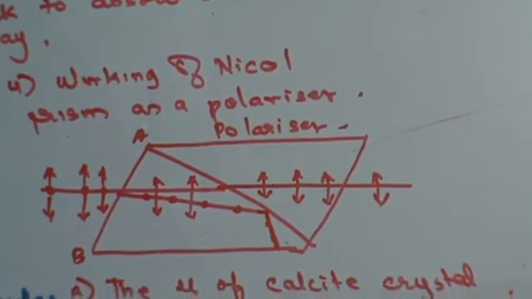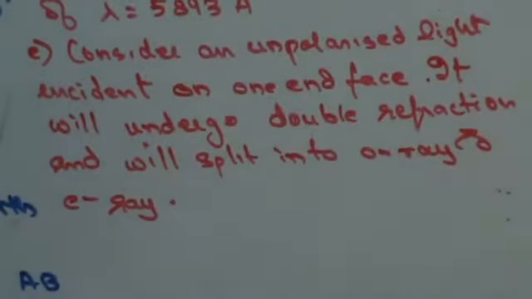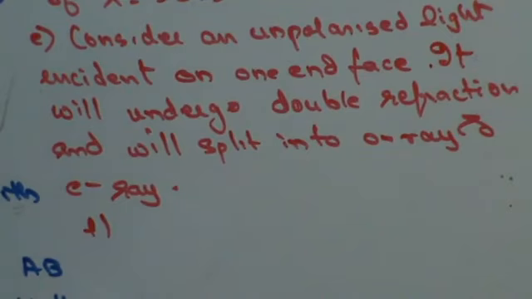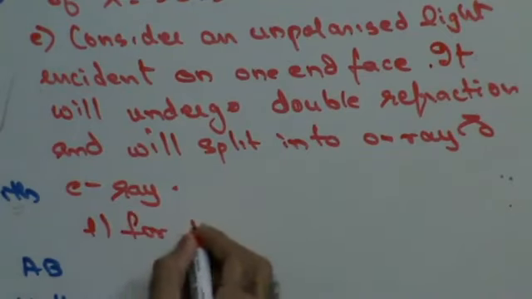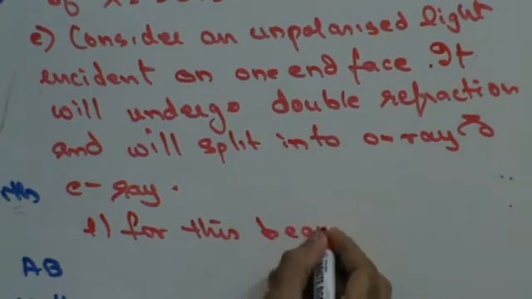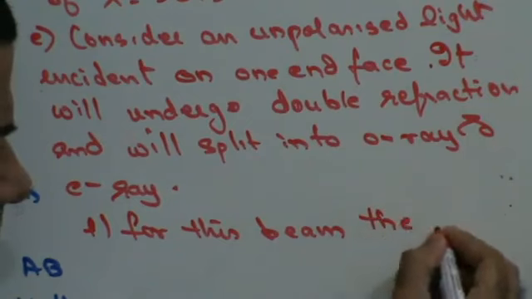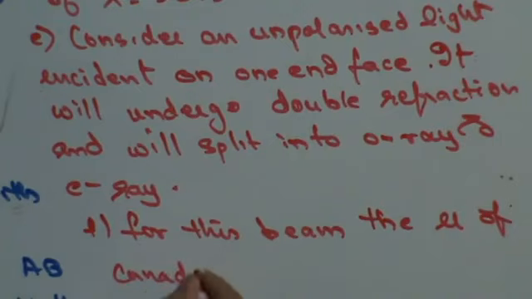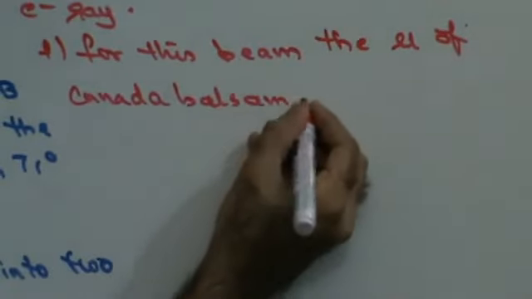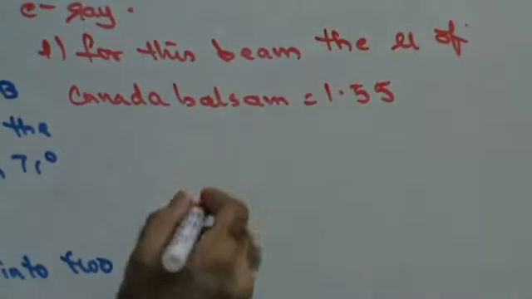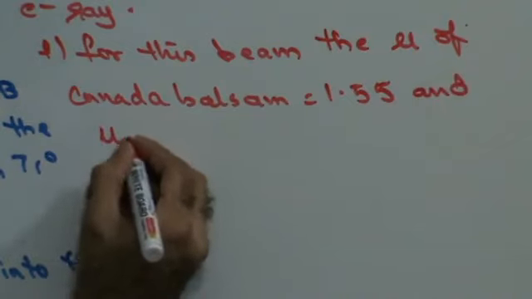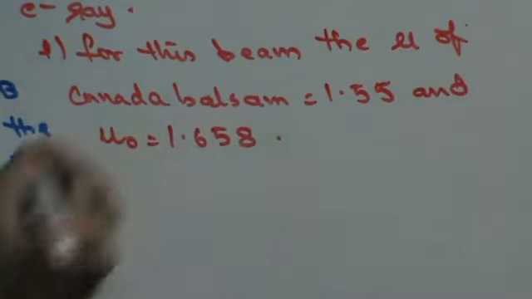Now for this beam of light that is entering, the refractive index of Canada balsam we know is 1.55, and for ordinary ray it is 1.658, right?